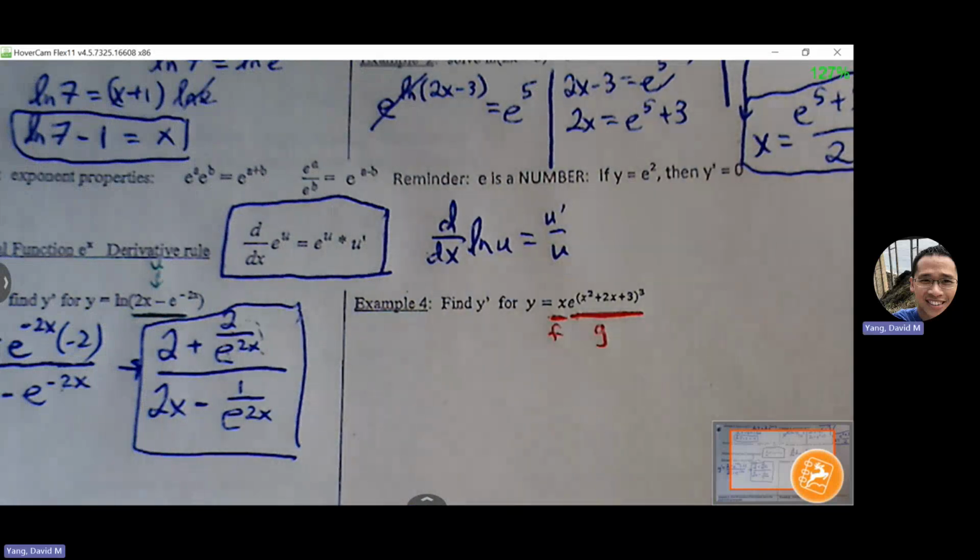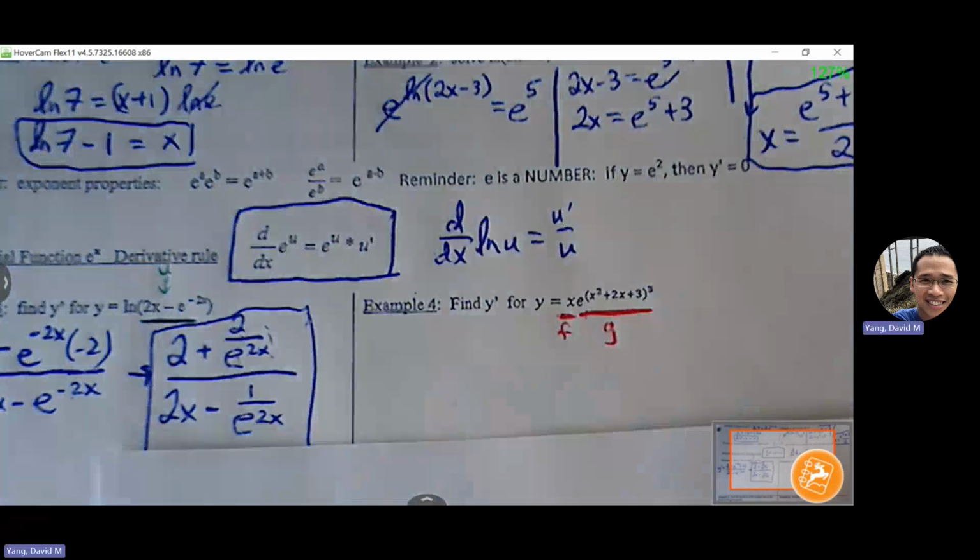X is separate from that e to the exponent. I'll put this on a separate page so I can make sure I don't run out of room.